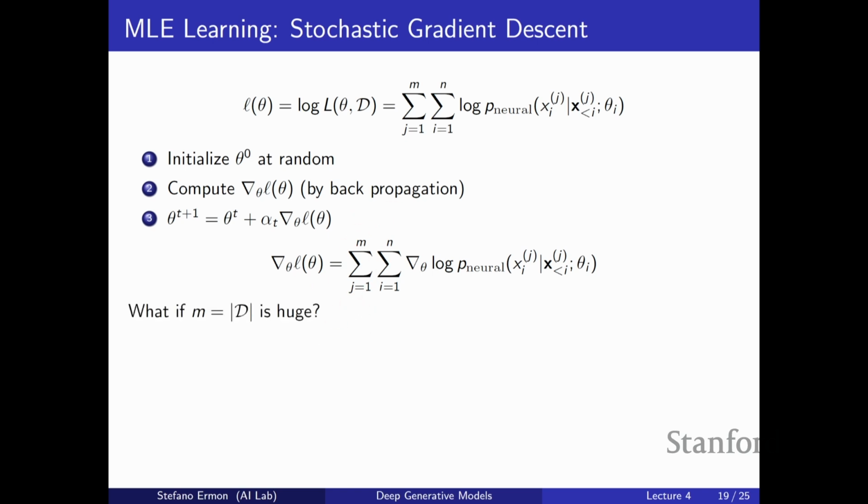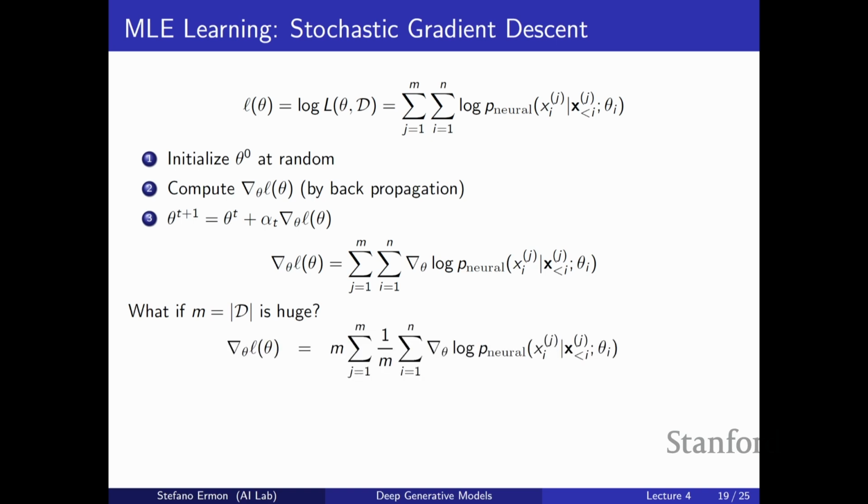But again, what we can do is use a Monte Carlo estimate. Instead of going through the whole data set, we can try to estimate the gradient just by looking at a small sample of data points. Just like before, we were approximating an expectation with a sample average.